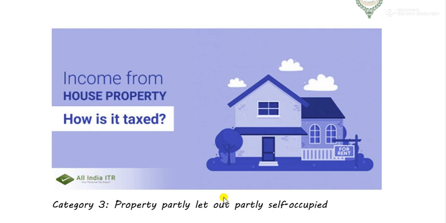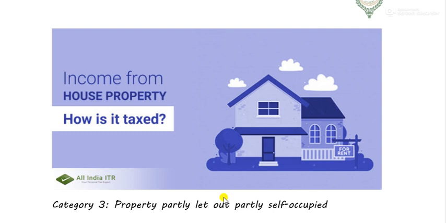Suppose Mr. A has a house property in Kolkata. He stays 3 months, but after 3 months he gets a job in Bangalore. So he shifts to Bangalore and lets out the house property in Kolkata for the rest of the 9 months of the year. So this is the first case, partly self-occupied and partly let out. This is the normal case.